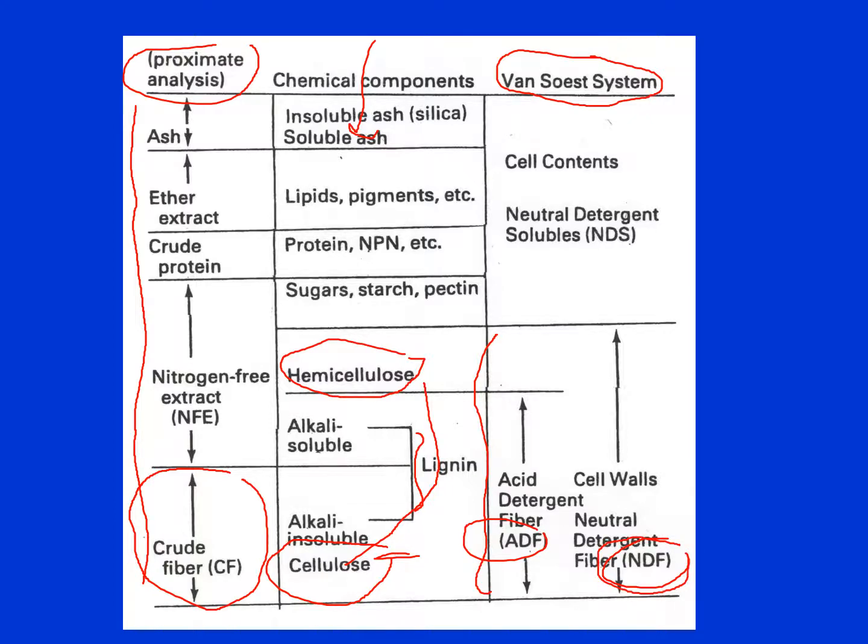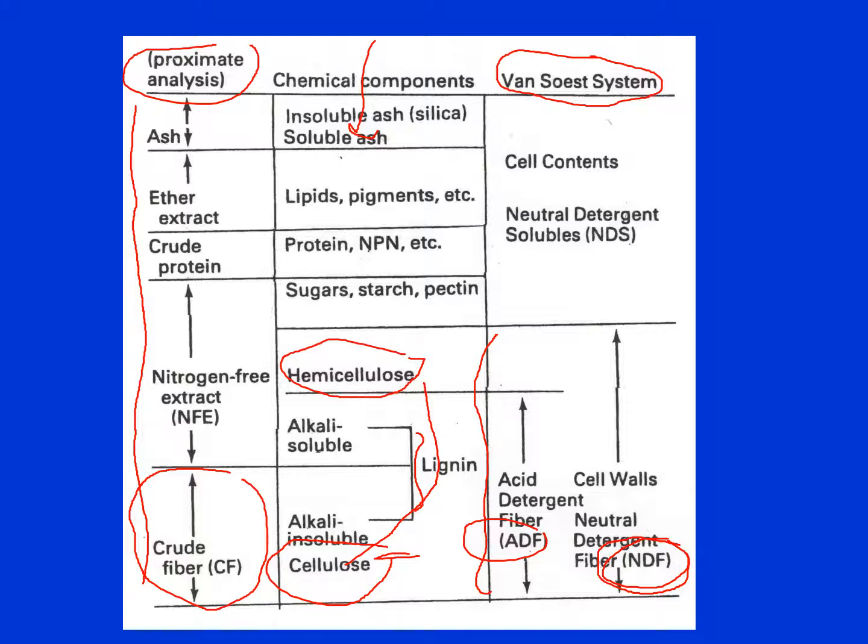So NDF is probably most often used to determine intake. The more NDF you have, the more fiber in the diet, the lower the intake. There's just more chewing time, and it takes longer for the feedstuffs to pass through the digestive system.